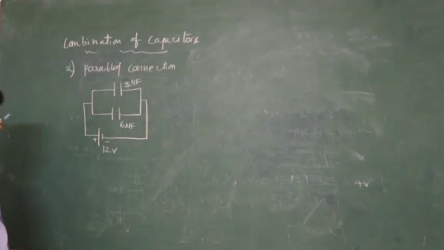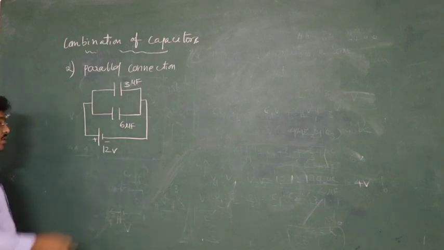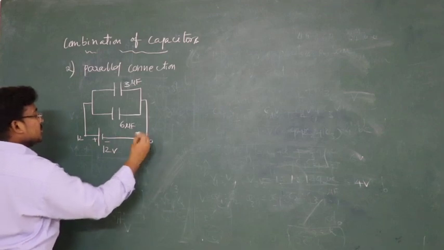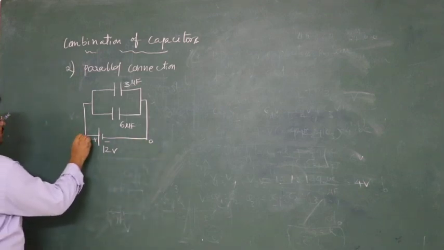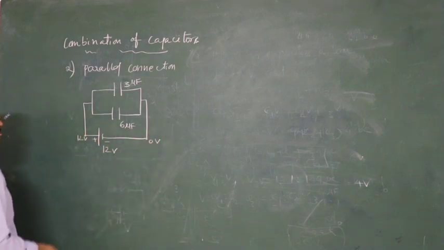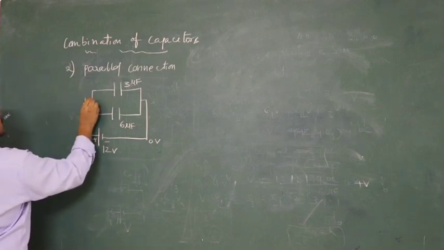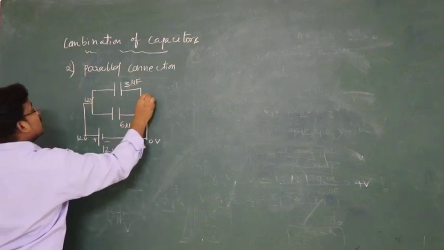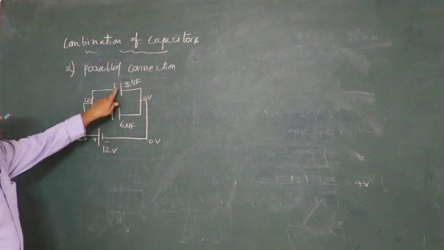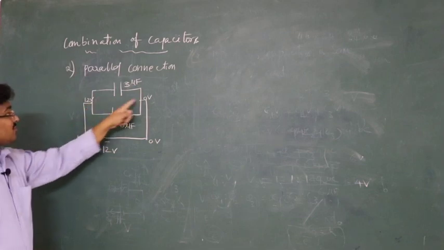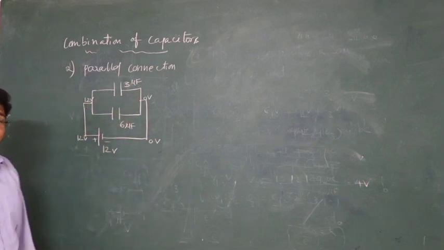Okay na? Right. Now what I told you, the positive terminal is 12, the negative terminal is 0. Means here 12 volts, here 0 volts. And here also there is no drop, means here 12 volts, here 0 volts. Now this capacitor's endpoints are 12 and 0. This capacitor's endpoints are 12 and 0.